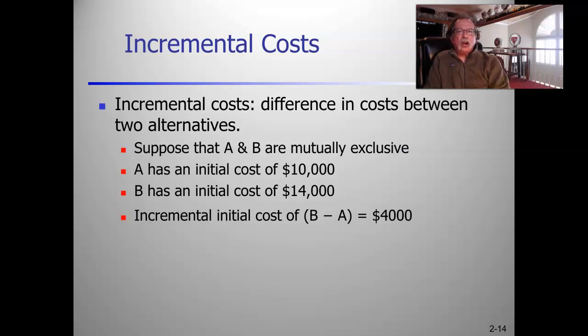The incremental cost of doing B versus A is $4,000. So if you're going to do one or the other, it's important to know that you're going to spend at least $10,000 because that's the minimum cost. But doing project B has an incremental cost of $4,000.